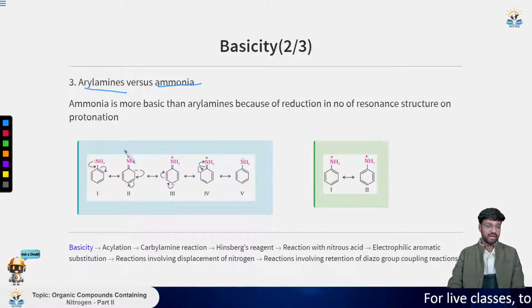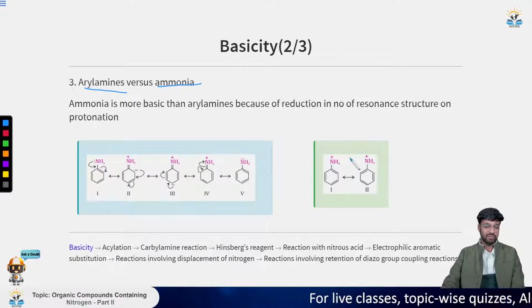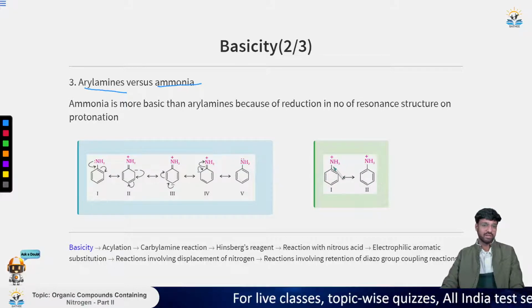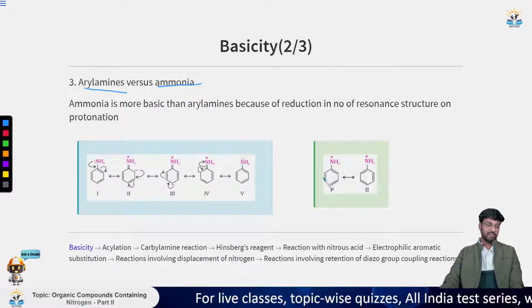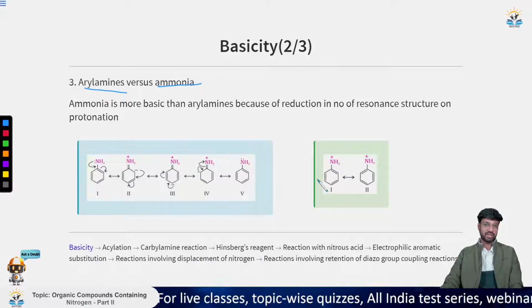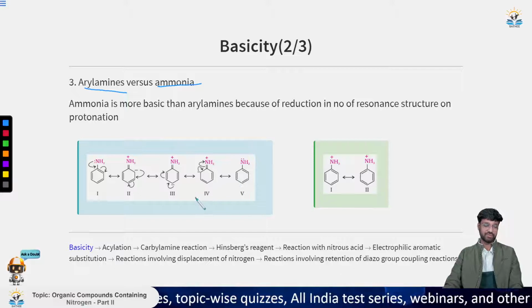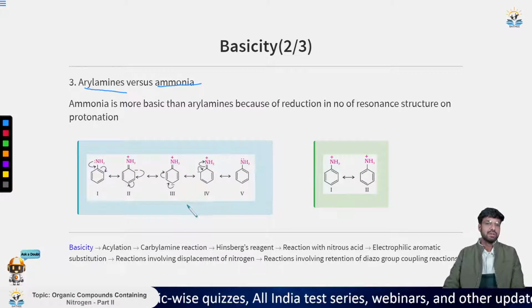And the second reason is that if you are seeing the stability of this aromatic amine and comparing it with this anilinium ion that is formed upon protonation, you can see very clearly that the number of resonance structures is decreasing by a difference of 3.